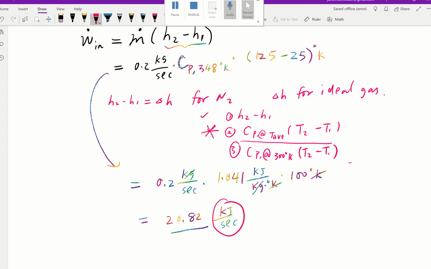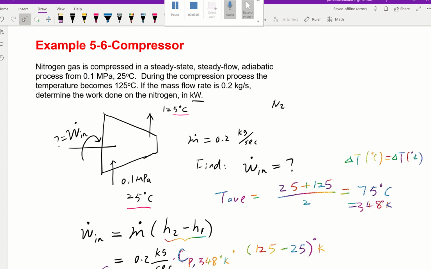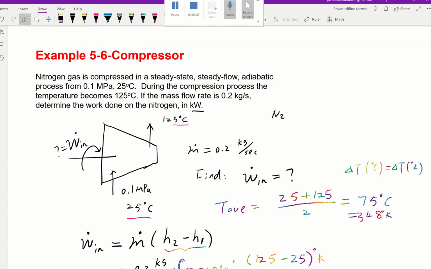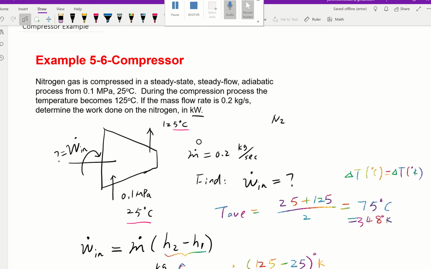Kilojoule per second, energy divided by time, that's our power. So it's basically 20.82 kilowatts. That's how much power is required for this compressor to increase the temperature from 25 degrees to 125 degrees Celsius.